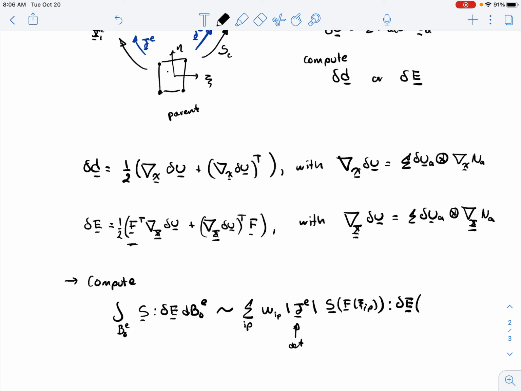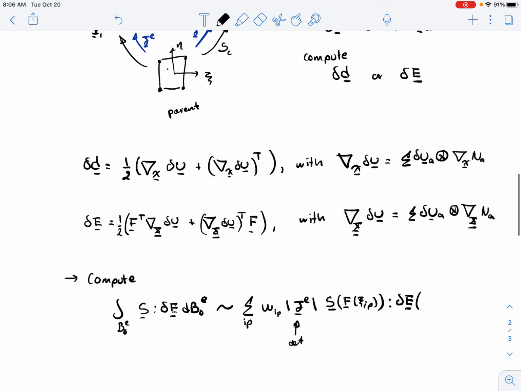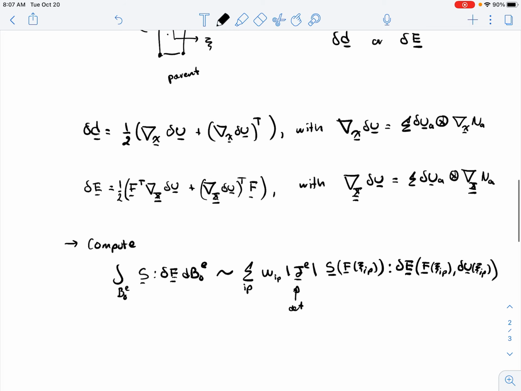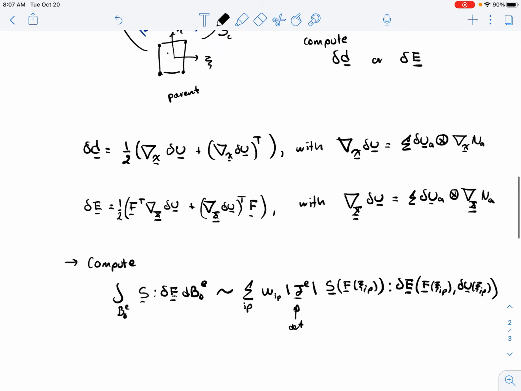You can see that delta E also depends on F, which depends on the integration point, and also on this delta U, which might change from integration point to integration point. But you have them.